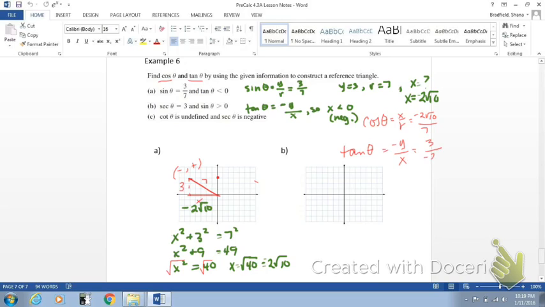My x is negative 2 square root of 10, and it says that whole thing's negative. Well, two negatives make a positive, so that's actually 3 over 2 square root of 10, or 3 square root of 10 over 20. You can tell that those are a little bit tougher problems.